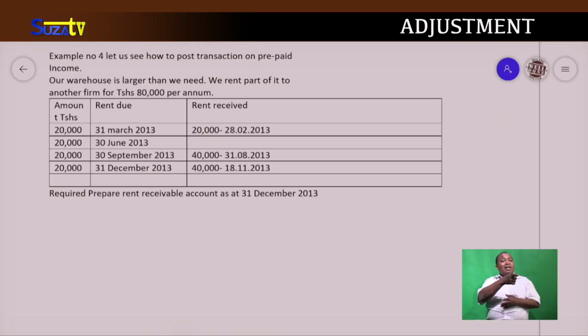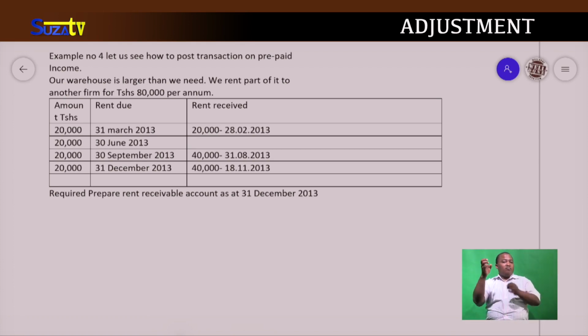Example number 4. Let us see how to post a transaction on prepaid income. Our warehouse is larger than we need. We rent a part of it to another firm for Tanzania shillings 80,000 per annum.